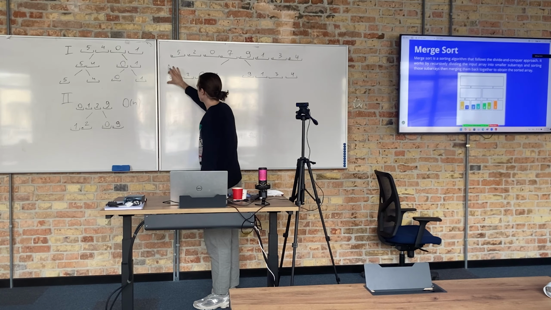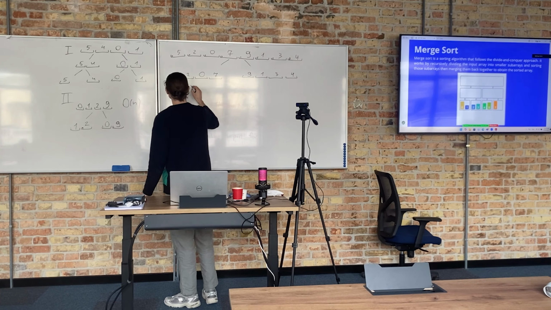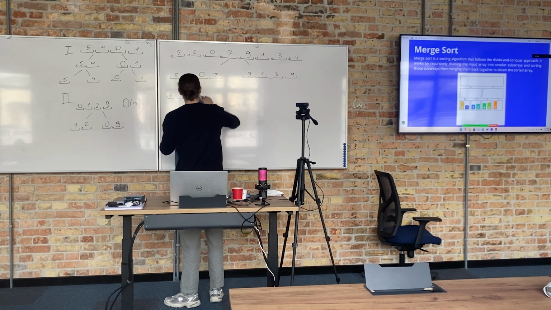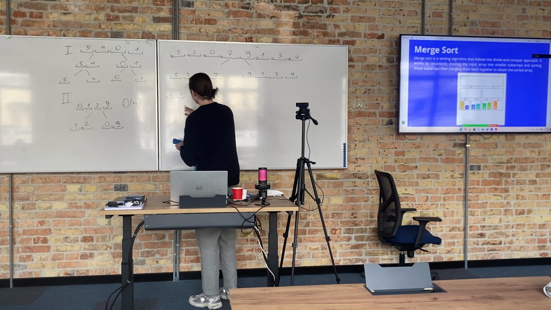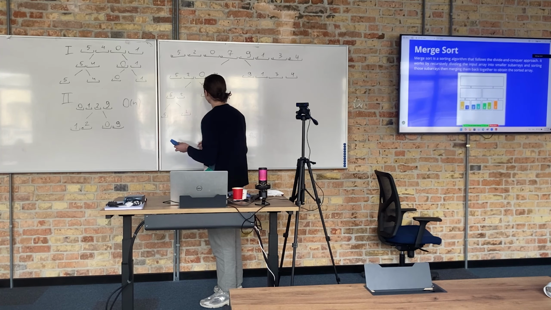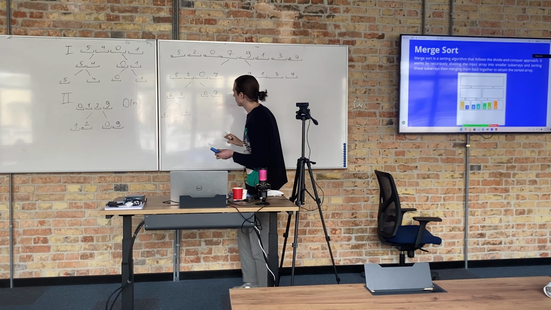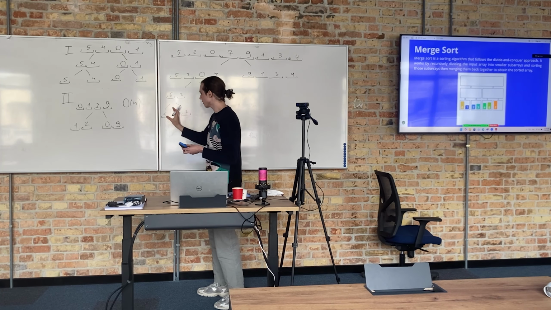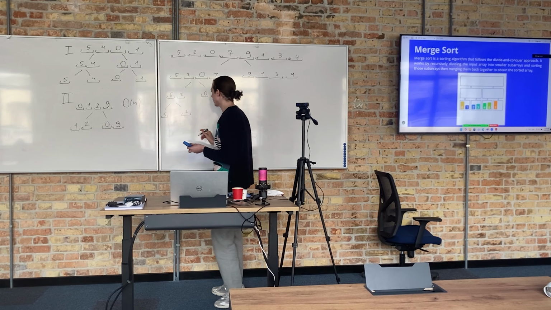So for this array, we also will have left and right. Also, we will divide this array into 2. And with recursion, we will have 2 arrays with 1 element. And in merge sort, we want to divide our array into the smallest possible array, so an array with 1 element.